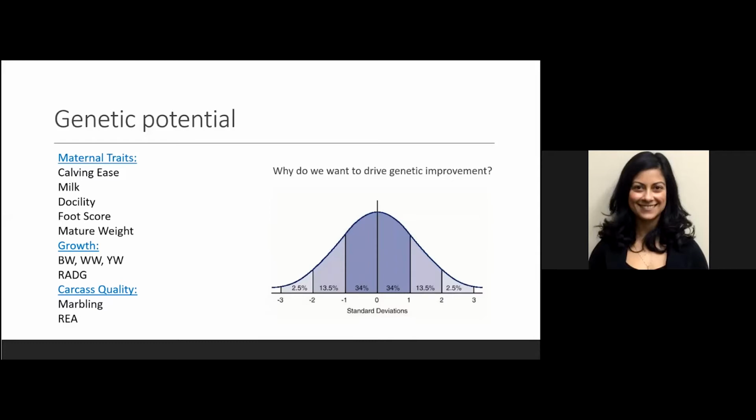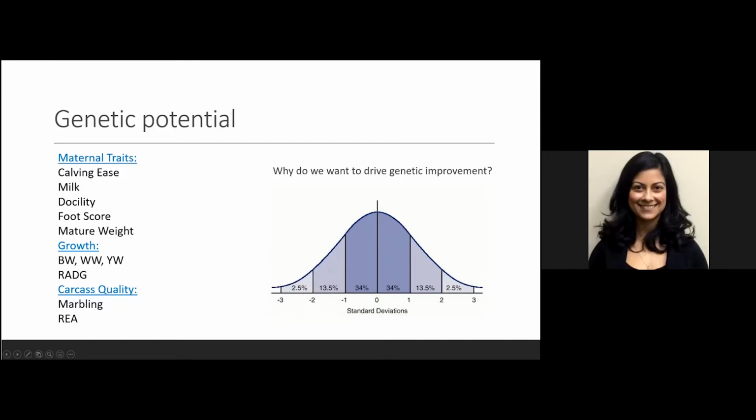And let's talk about why we want to drive genetic improvement. Because in every population, you have a lot of calves or animals that perform as average, in the middle. But you also have a proportion that perform below average and a proportion that perform above average.